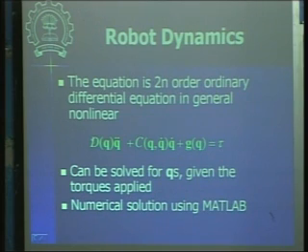So I have expressed this in a vector form already for all n links. So you will in general get a 2n order ordinary differential equation. There are no partial derivative terms, and it can be solved for these generalized coordinates q_i.